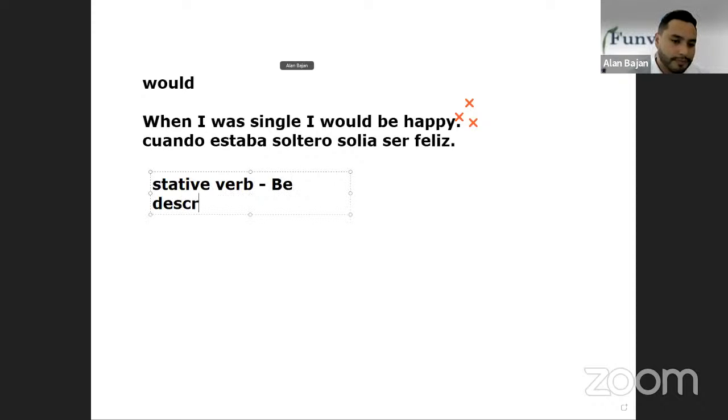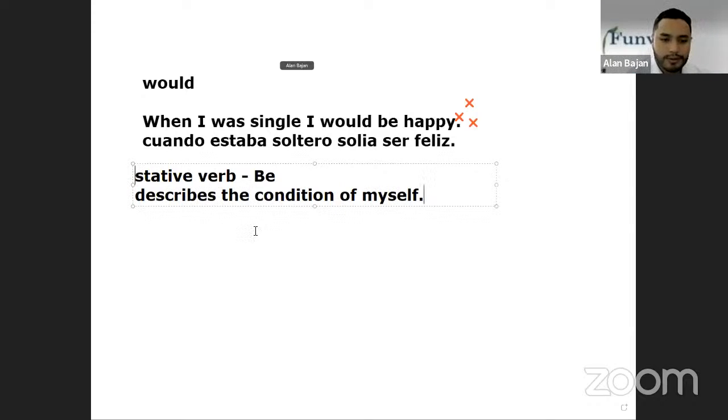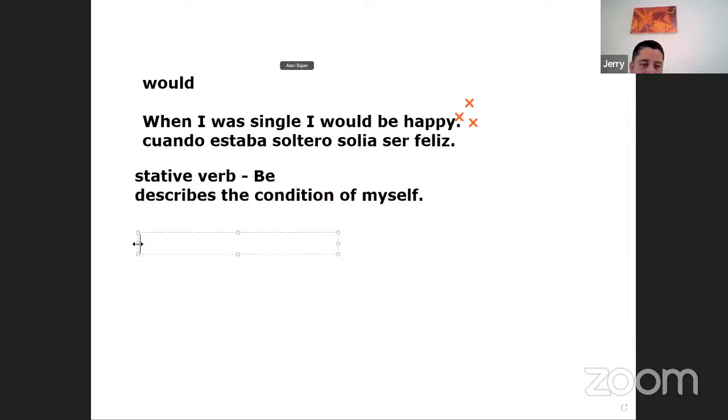Okay. Using would next to the verb to be is incorrect. Basically, you cannot use the verb to be with would in the context of solía ser feliz.